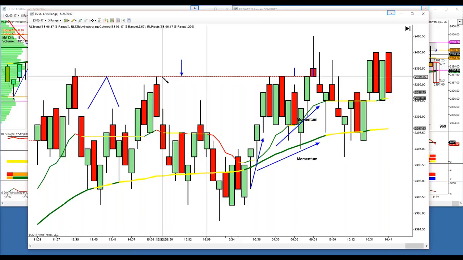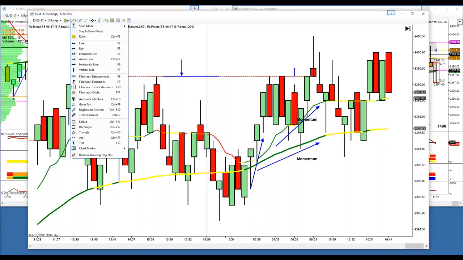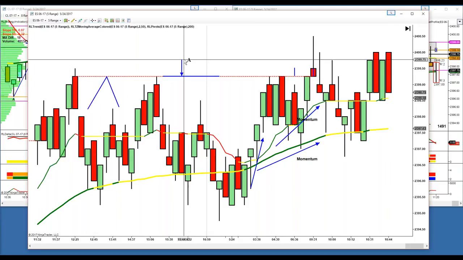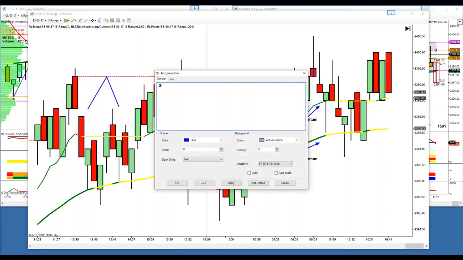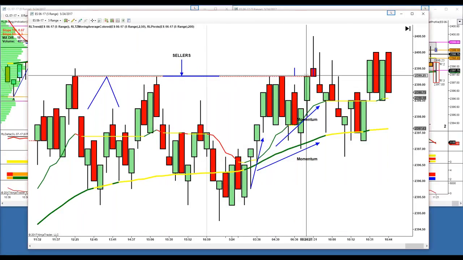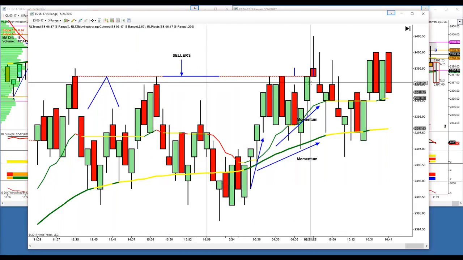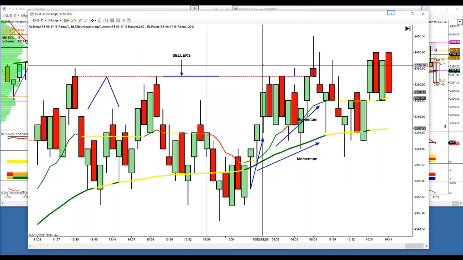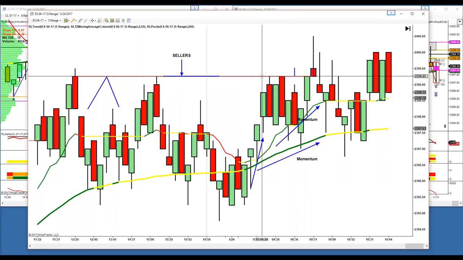So we know that right here, there are a lot of sellers. And they're sitting right at that pivot. And they're just waiting for the market to come back up and to turn it again. And a pivot will weaken every time it's hit because there's a finite number of sellers here.